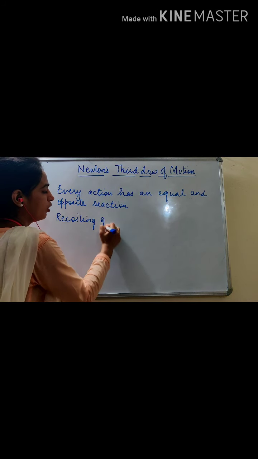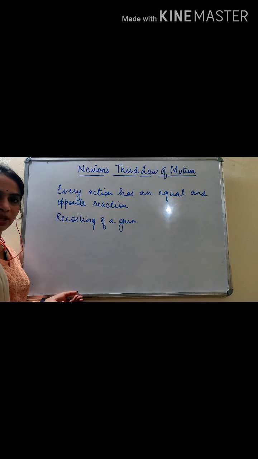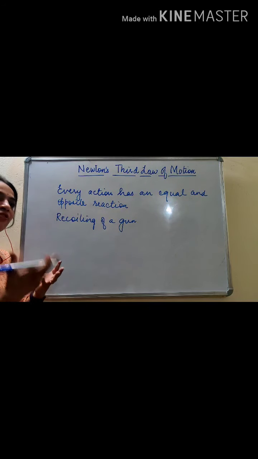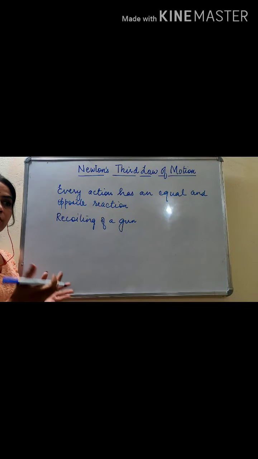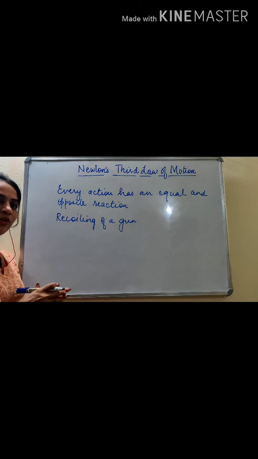What is recoiling of a gun? I know most of you must have tried shooting also, and if not the proper shooting, then most of you must have tried shooting in your fairs where you shoot those balloons. Have you ever tried?